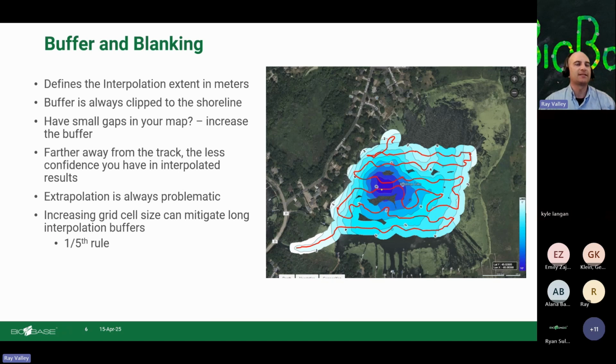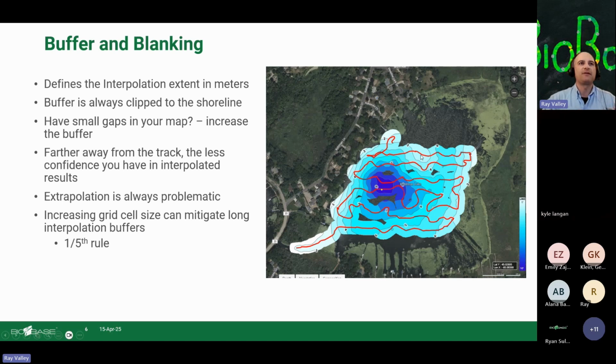So the next concept to take a look at is this concept of buffer, and what Biobase does called blanking. We have these defaults, so it's a 5 meter grid cell, 25 meter buffer. We use this 1/5 rule. It's a rule of thumb. You generally don't want to interpolate down to less than 1/5 of your transect spacing.